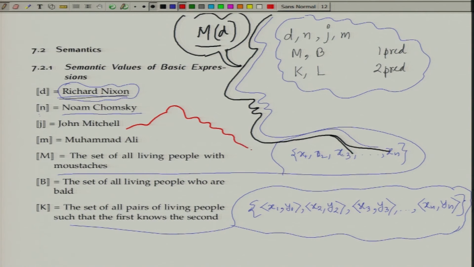Instead of having some person or something, it has Nixon and Chomsky, Michel, and Ali, and instead of having properties or predicates, now it has sets.